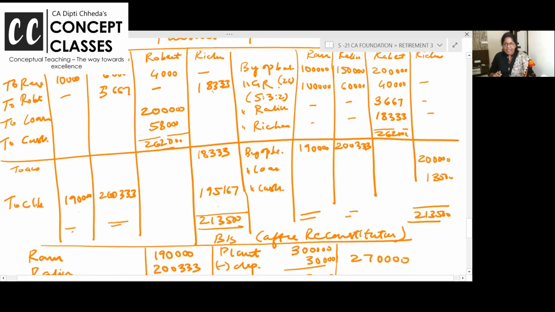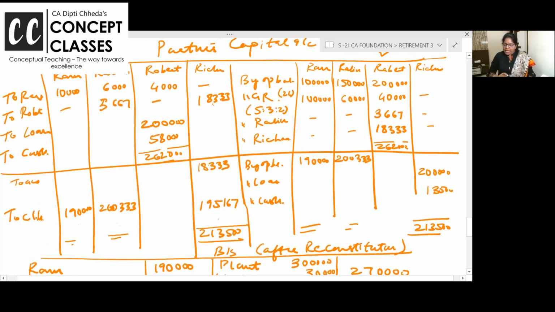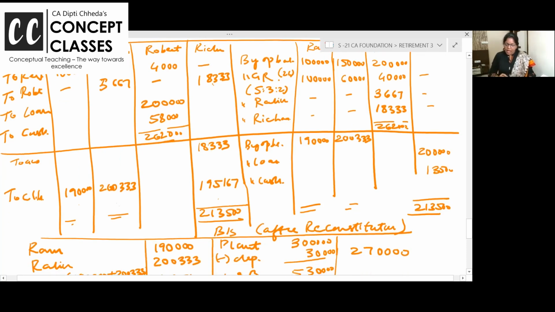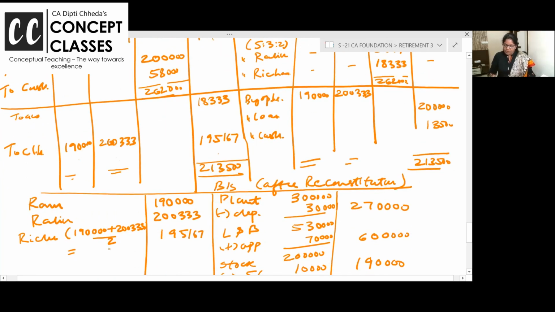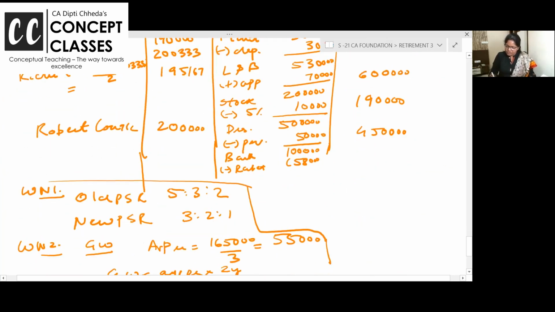Calculations you are understanding? First of all, I have closed Robert's account, 2,58,000. And now, Ram and Rahim's account. Whatever is their capital, half of it he should get, plus drawings, he has to get 230. 2 lakh is already there, 13,500 cash in the bank.